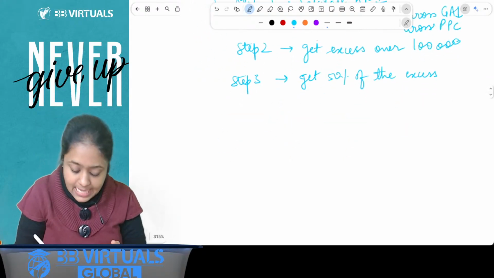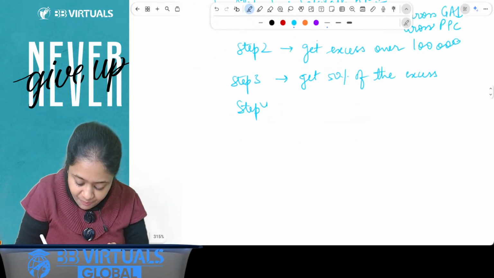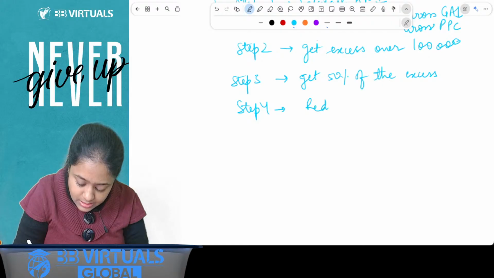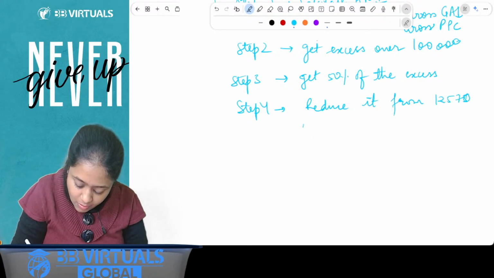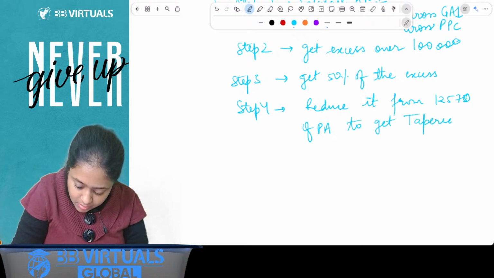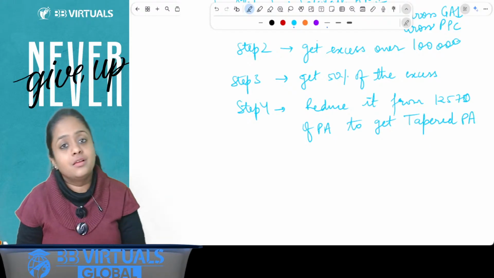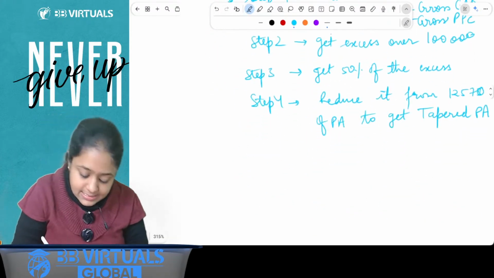Okay, I'll take an example, don't worry. And step 4, reduce it from 12,570 of PA to get tapered PA.